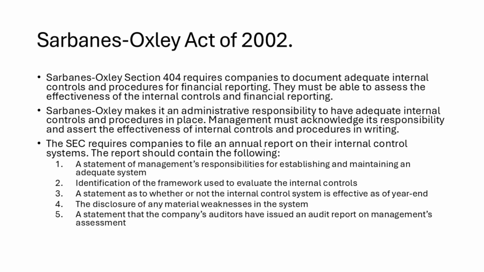The SEC mandates an annual report that states management's duty, identifies the evaluation framework, states whether controls are effective at year end, and discloses material weaknesses. Auditors must also give opinions on the assertions.